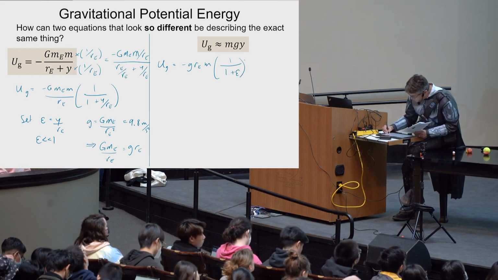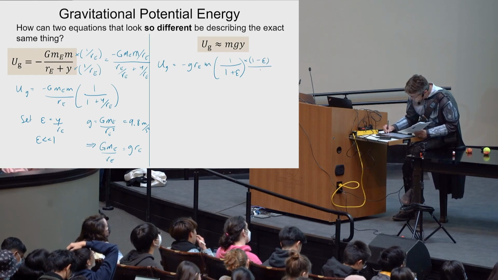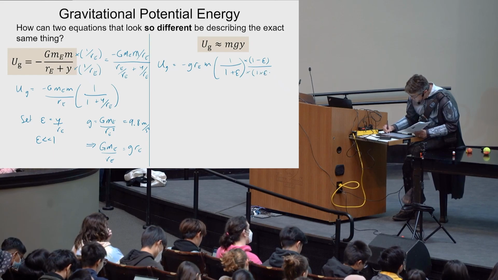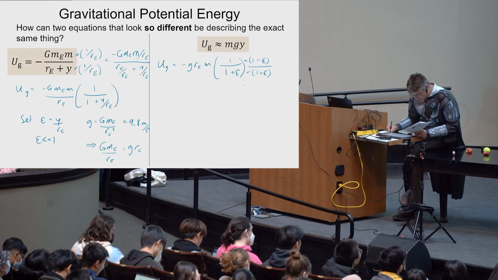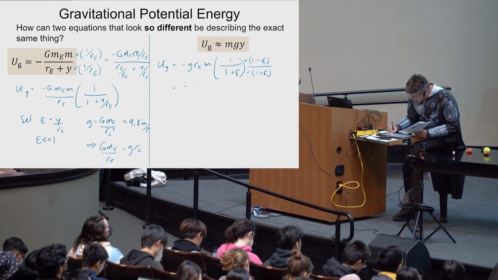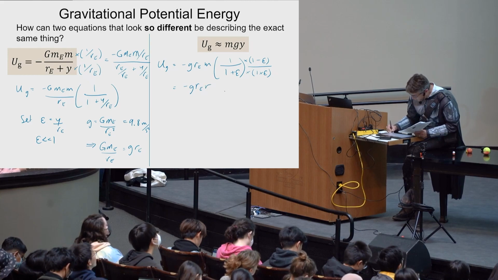And now the trick with this is you just times the top and bottom by 1 minus epsilon. I don't know if you've ever done this. But if epsilon's small and you have a 1 over 1 plus epsilon, then what you get is 1 minus epsilon on the top and 1 minus epsilon squared on the bottom.